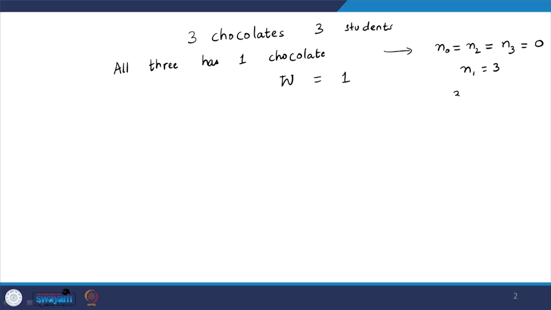So, W will be equal to 3 factorial by 3 factorial, that is equal to 1.